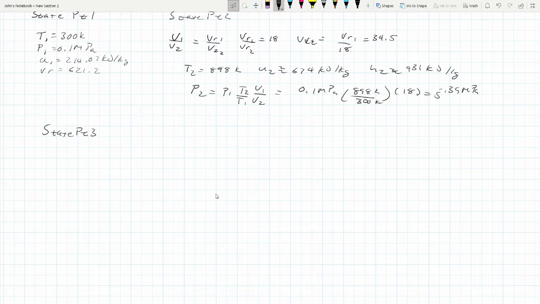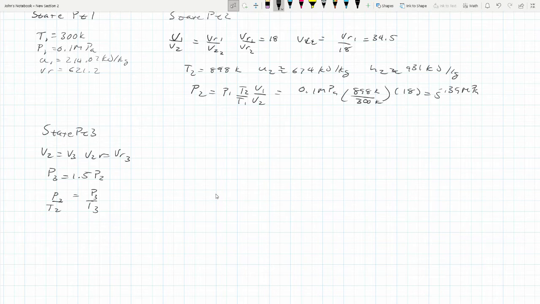Isochoric, so work is equal to 0, and V2 is equal to V3, so VR2 is equal to VR3. P3 is equal to 1.5 P2, so P2 over T2 is equal to P3 over T3.